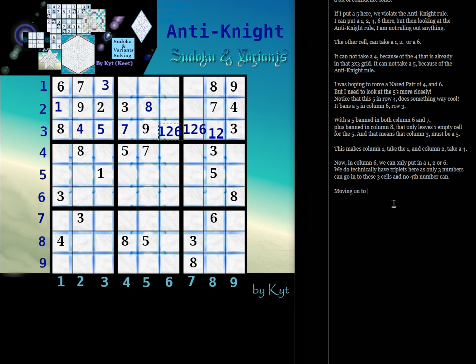Moving on to column 8, I need a 1, 2, 4, or 9. In row 8, there is a 4, so I know I can only put a 1, 2, 9 here.